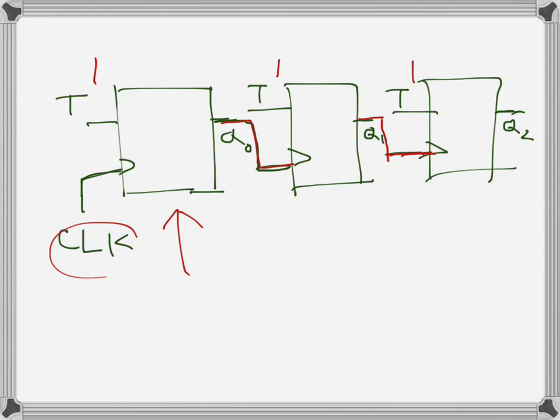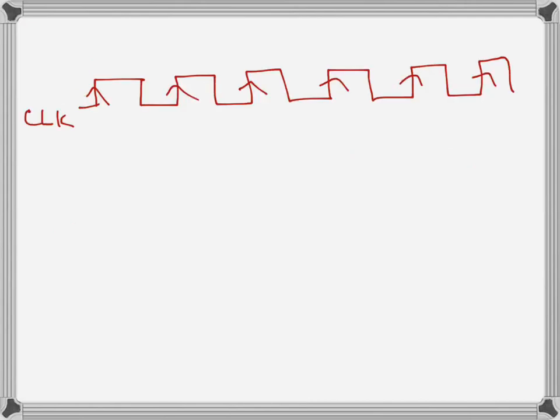Whenever an edge comes, whatever the output was, if it was 0 it would become 1, if it were 1 it will become 0, and so on. So here it will toggle. Let's say it was 0, then again here it will toggle and it will go like this.